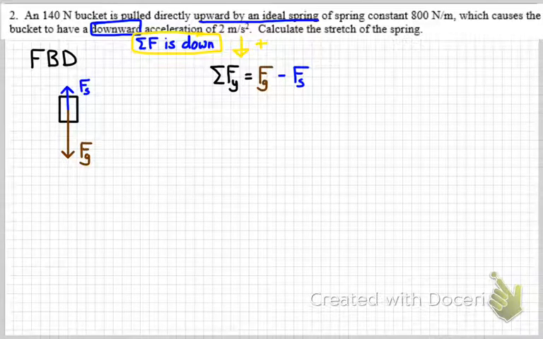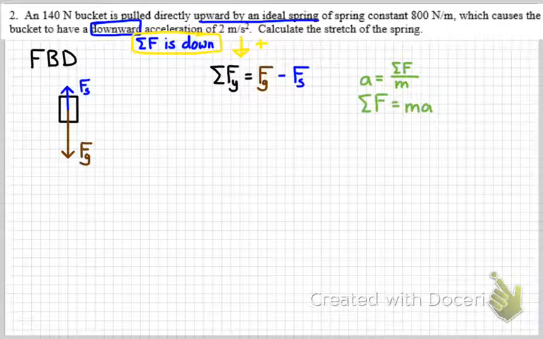The next thing I have to realize is that I don't know how big the net force is. I need that in order to find the force due to the spring. So I can use Newton's second law and solve that for the net force acting on the object. And then from there, I could solve for the force that the spring exerts.